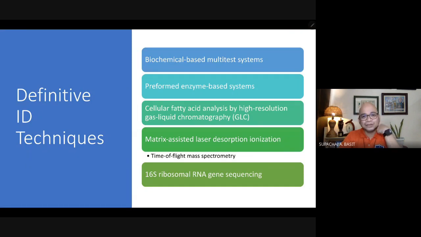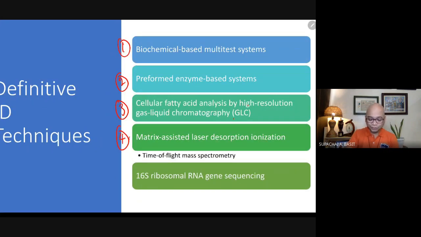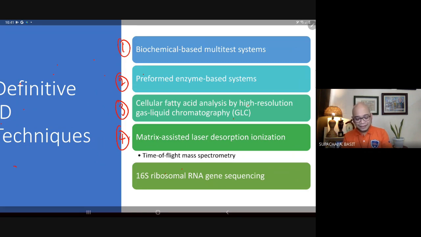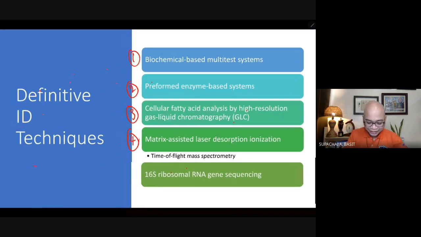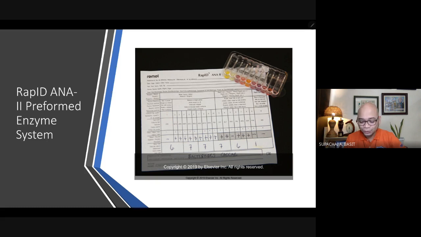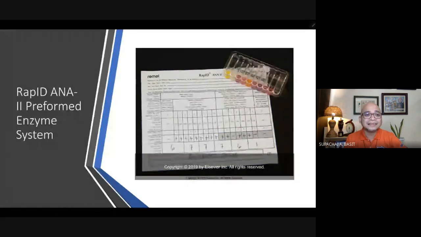Okay, so we can use therefore biochemical based multi-system, preformed enzyme based system, cellular fatty acid by high resolution gas liquid chromatography, matrix assisted laser desorption ionization or yung tinatawag natin Maldi-TOF, and then 16S ribosomal gene sequencing. Ito na yung molecular na to, PCR na yung gagamitin. So these are for definitive identification technique. So this is what I told you a while ago, that we have the rapid preformed enzyme system.